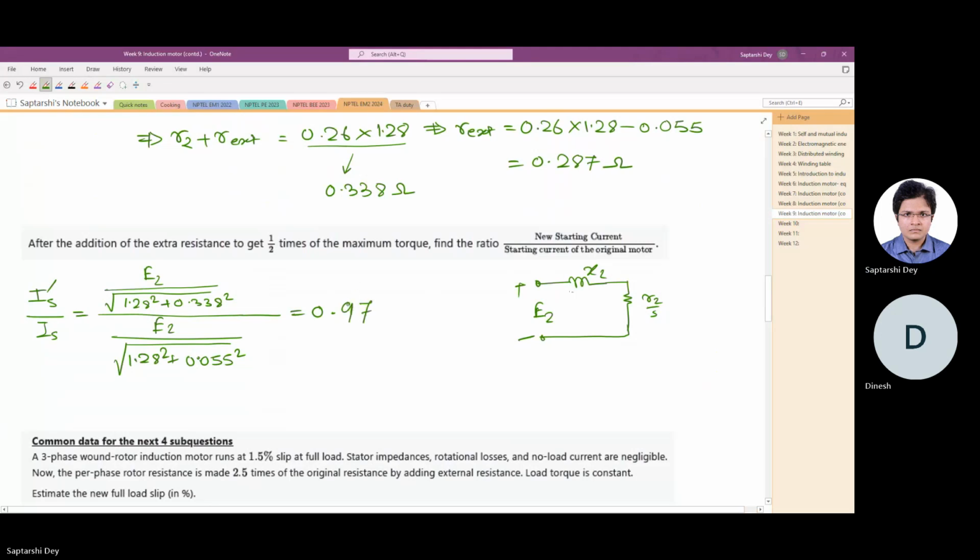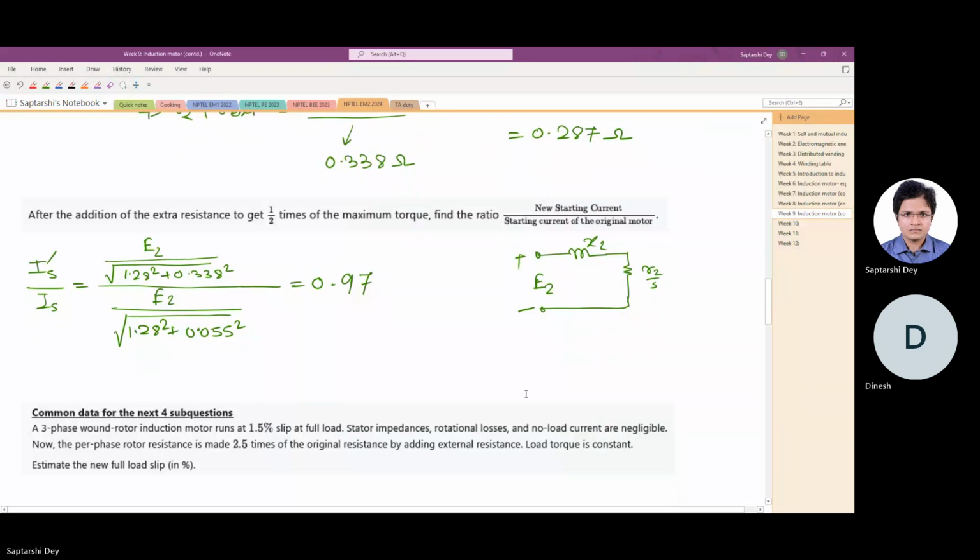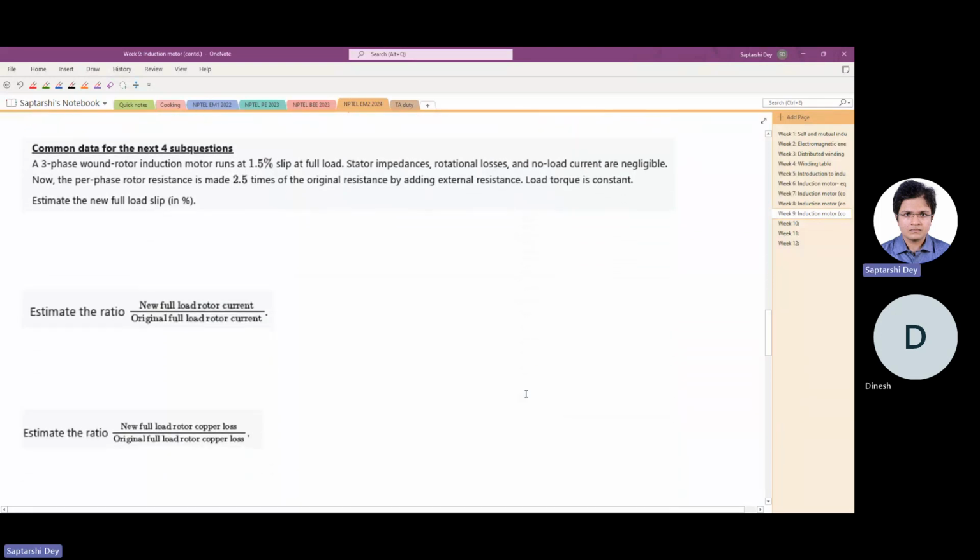So the starting current has reduced by 3%. Any doubt till now? Okay, if not, then we'll go for the next question.